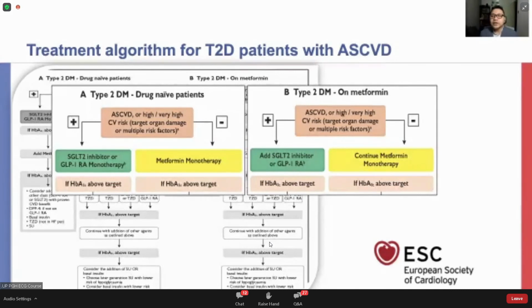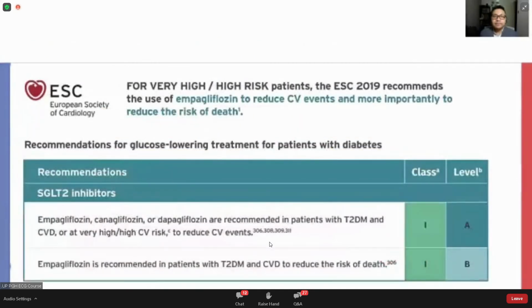For those who are already on metformin, you should give them these 2 drugs again, the SGLT2 inhibitor or a GLP-1RA, and after that, you check their HbA1c to see if they have attained the goal of less than 7. They also made these recommendations for the SGLT2 inhibitors, particularly these 3 drugs, empagliflozin, canagliflozin, or dapagliflozin, which are recommended in type 2 diabetes with high or very high risk to reduce CV events.